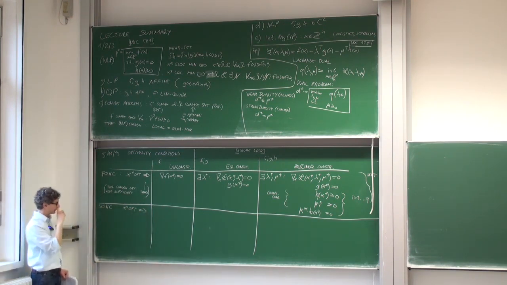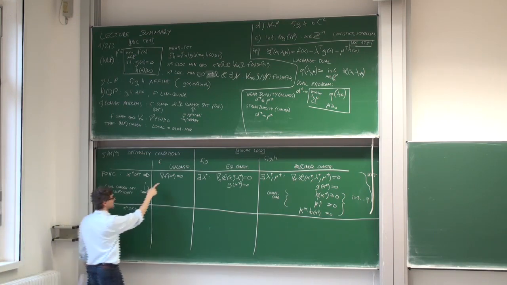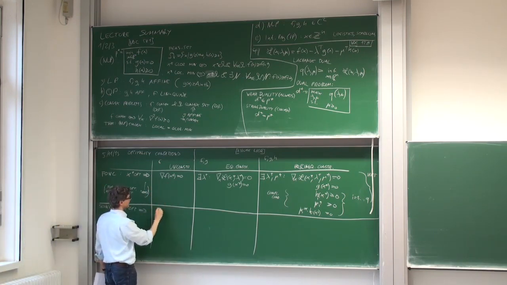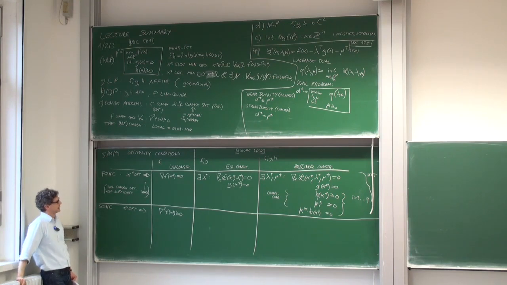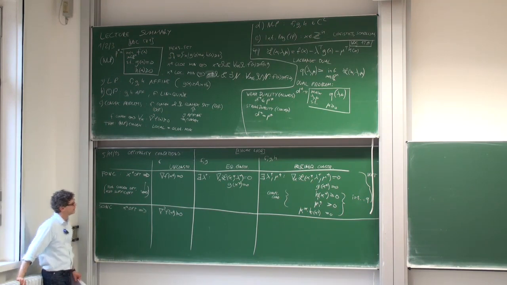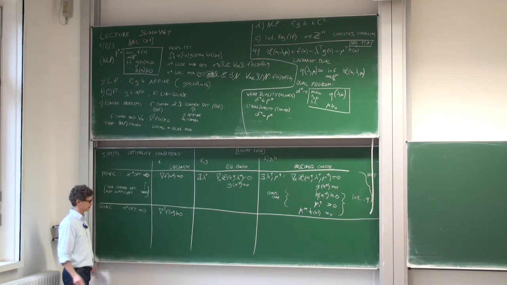And what will it imply? It will imply something on the second derivative. For the unconstrained case, it's just that at this optimal point you will have a positive semi-definite Hessian matrix. What will it imply in the equality constraint case?